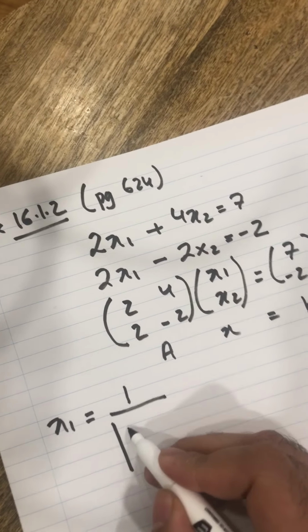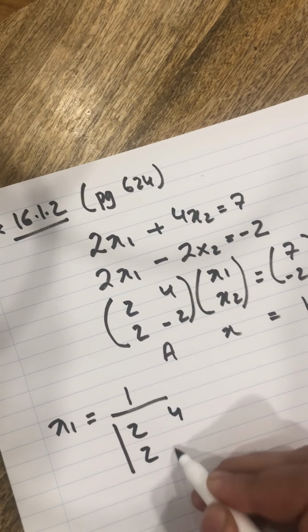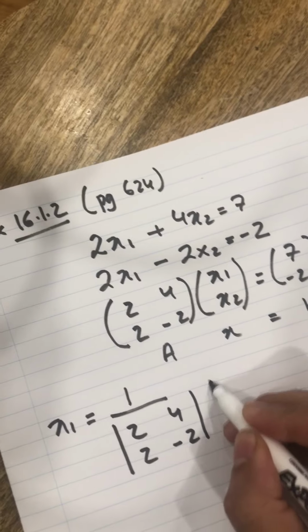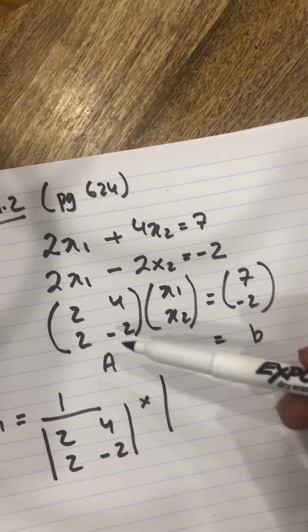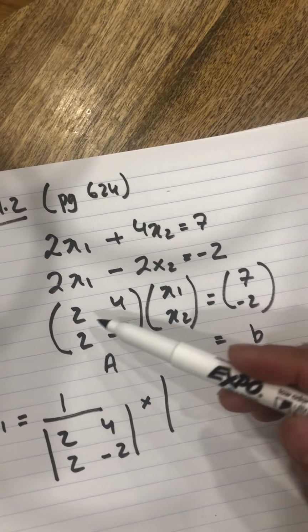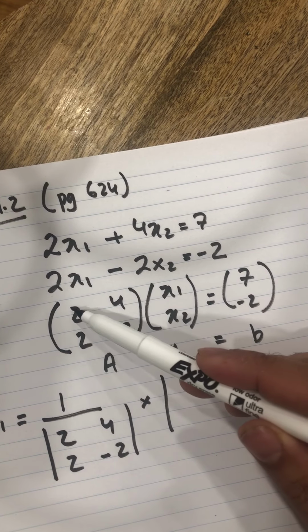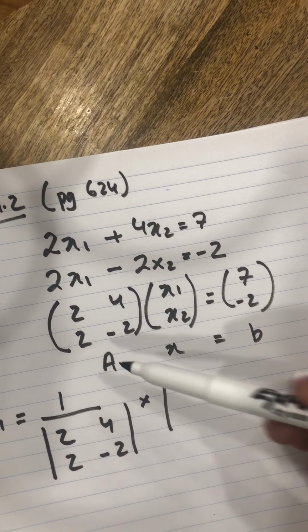So 1 divided by the determinant of 2, 4, 2, minus 2, times, what did we do? We said we're going to write this special matrix and find its determinant. I take this matrix A here.